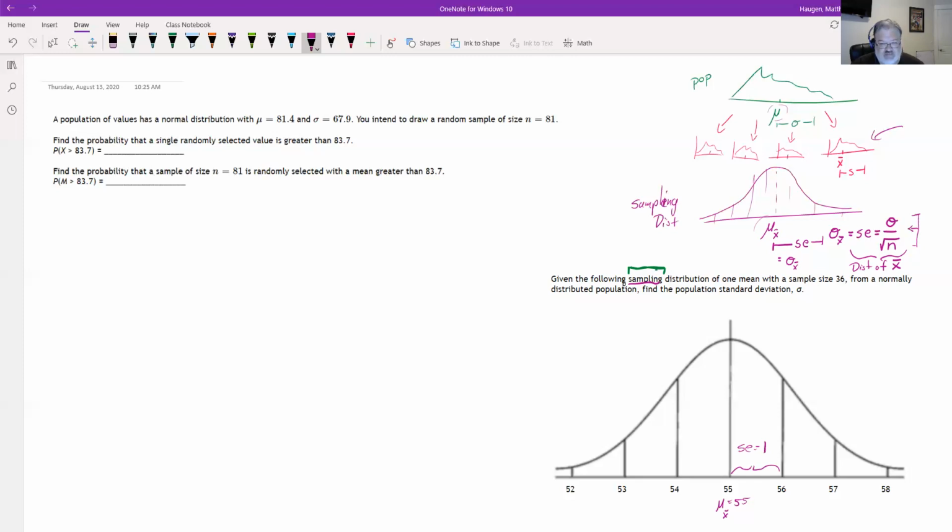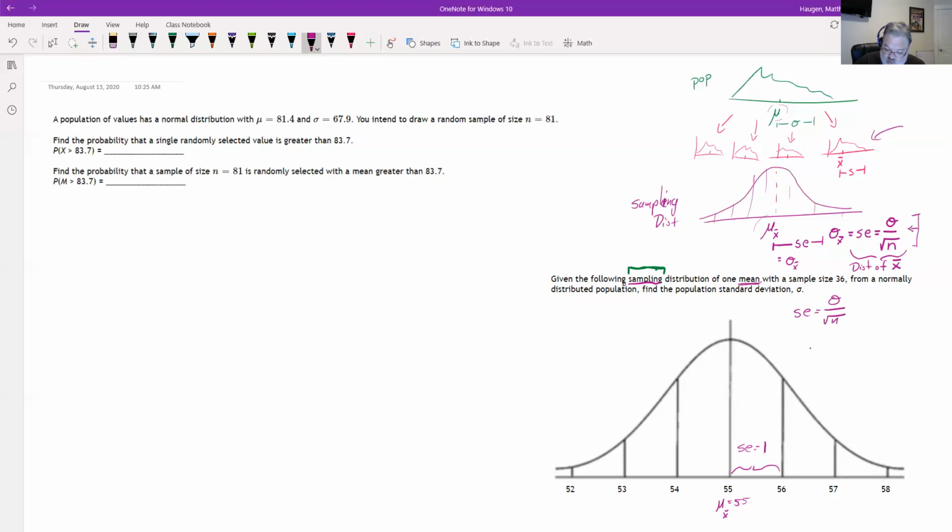It's handy. And we know that in a distribution of means, which we're told this is means, we know that the standard error for a distribution of means is equal to our original standard deviation divided by the square root of our sample size.